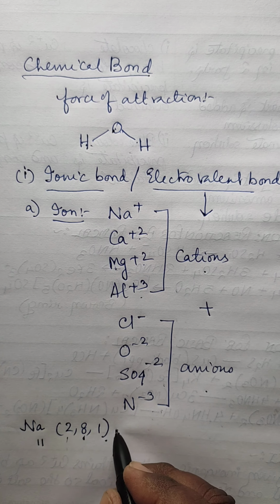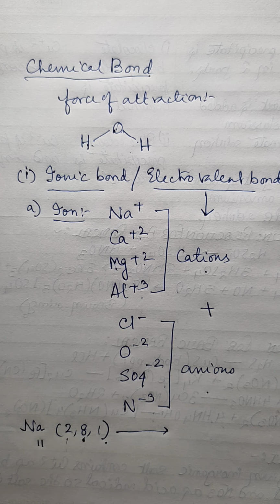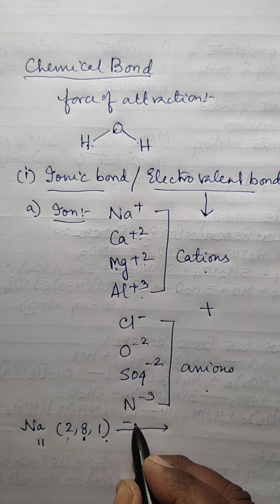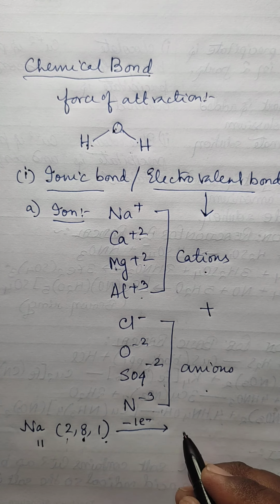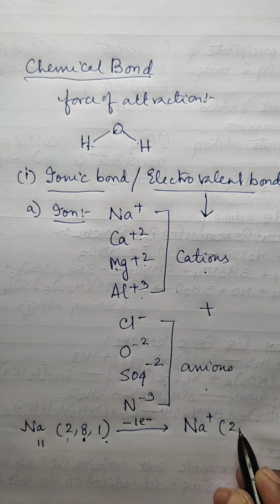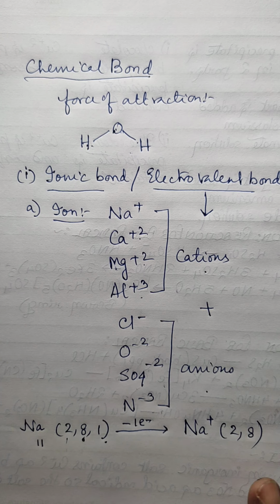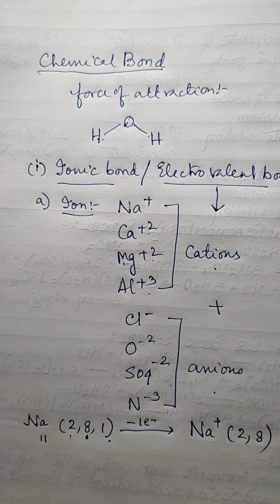Sodium does not have a stable octet, so in order to have a stable octet, sodium will give away one of its electrons. When sodium gives away one electron, it forms Na+, and it gets the configuration of 2, 8, which is the configuration of neon.